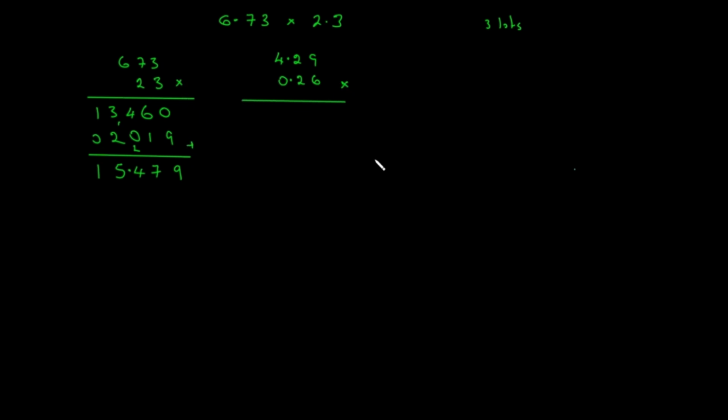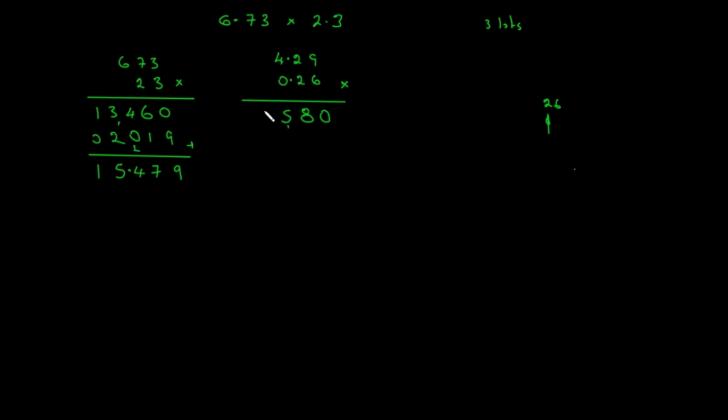Multiply, add. So we're going to ignore the decimal points. This one here we're going to consider as just 26, so we behave as though that is tens. 26 tens, right? So we put 0 because it's that one. 2 times 9 is 18, carry the 1. 2 times 2 is 4, plus 1 is 5.